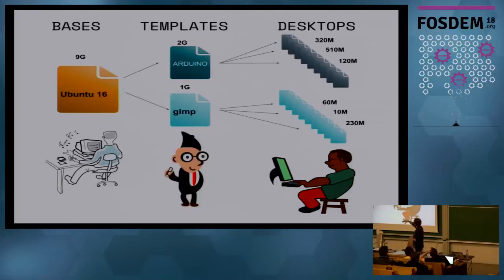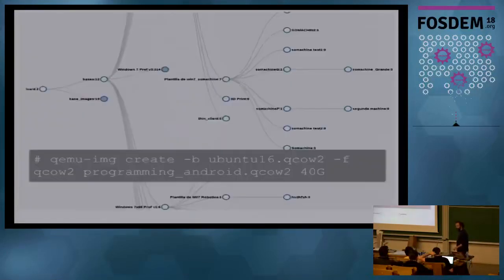So bases and templates are kept read-only, and after that the users just create a desktop, and all the data they write goes to the disks they attach to the desktop. So this system is growing by itself as users are creating templates and new desktops.